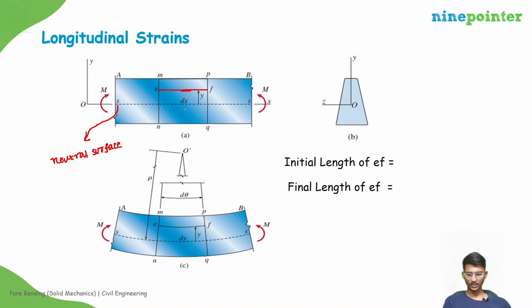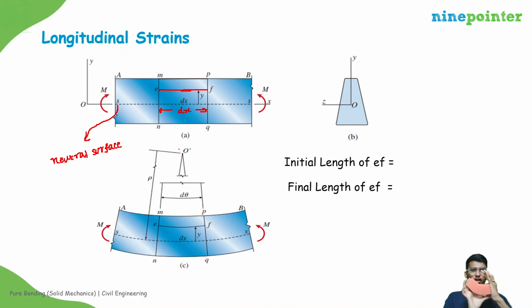So this is dx length, and this will also be dx length. If you take the mn section and pq section, this EF length will be dx and this length also will be dx. Now we are applying bending moment upwards like this.